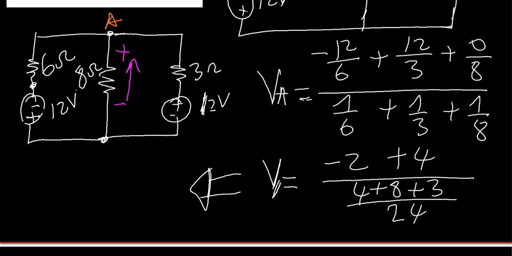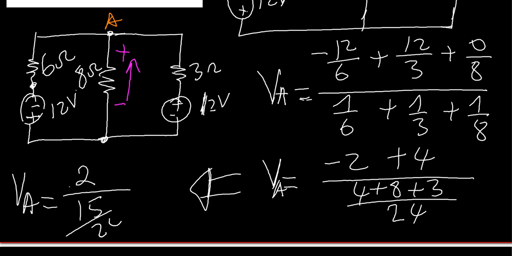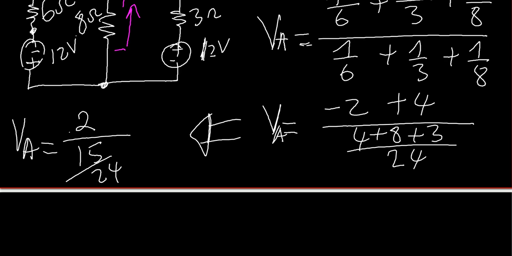So we are going to have VA, don't forget that is VA. VA will be equal to 2 divided by 15 on 24. You take the first fraction and multiply by the reverse of the second one.